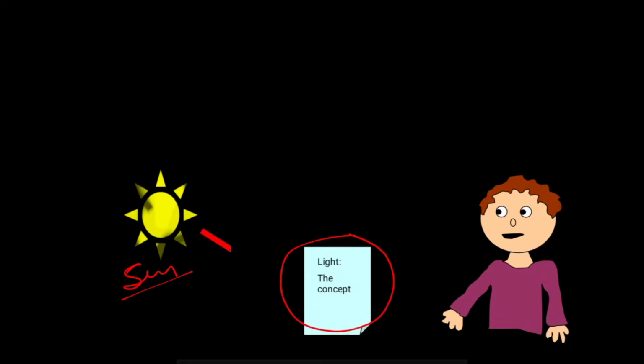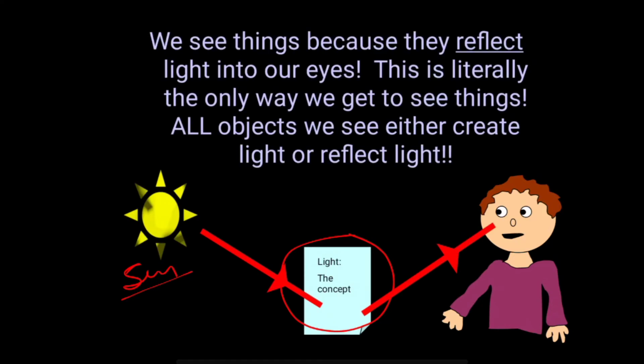Okay, so we see things because they reflect light into our eyes, or we can say all objects we see either create light or reflect light.